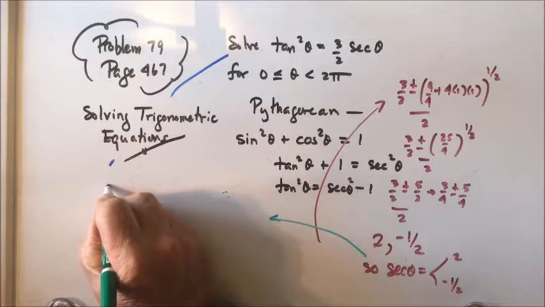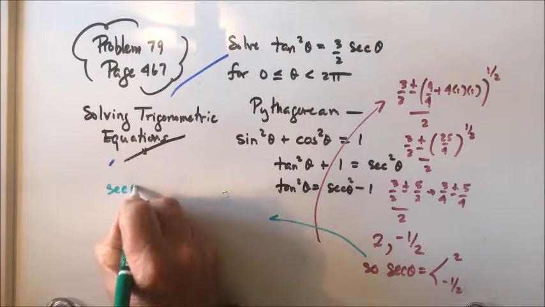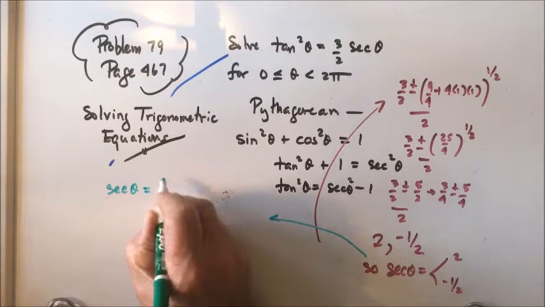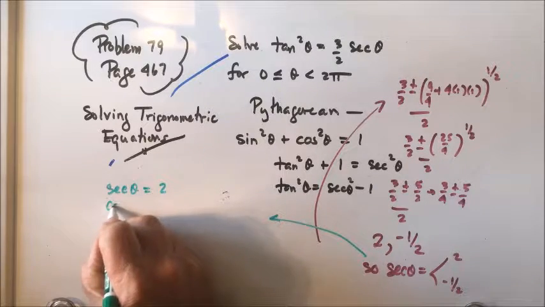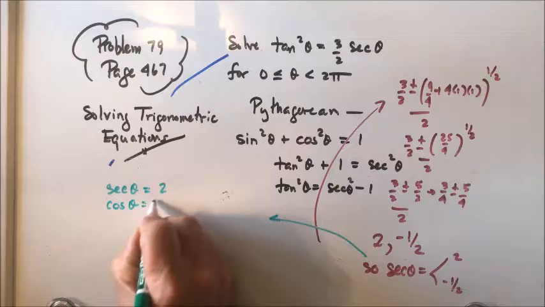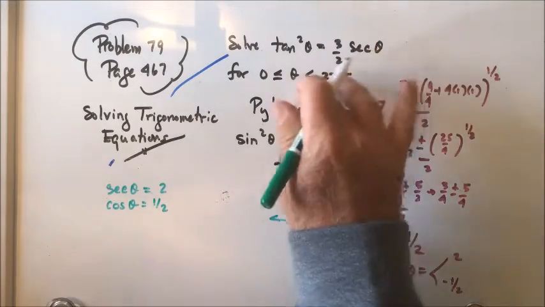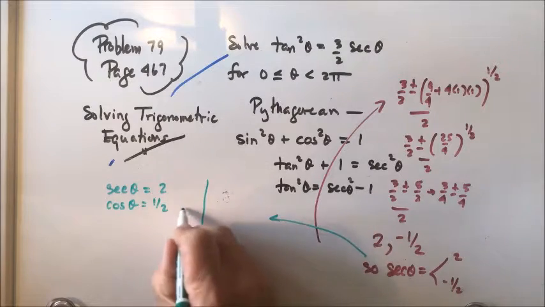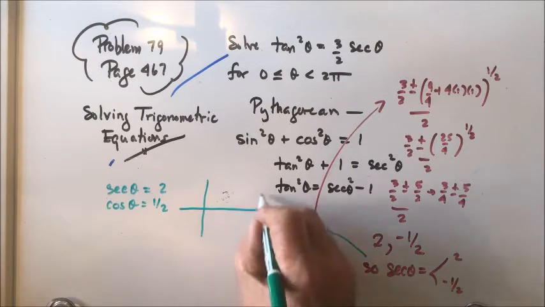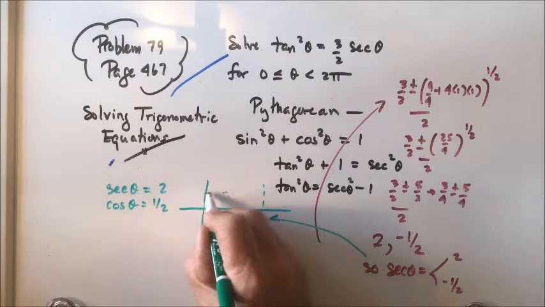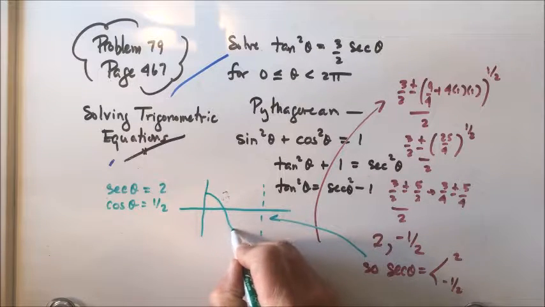What is the angle whose secant is equal to 2? Well, that's the angle whose cosine is equal to 1/2. And now, where between 0 and 2 pi is the cosine equal to 1/2? Heck, where is it not? Because here comes the cosine.